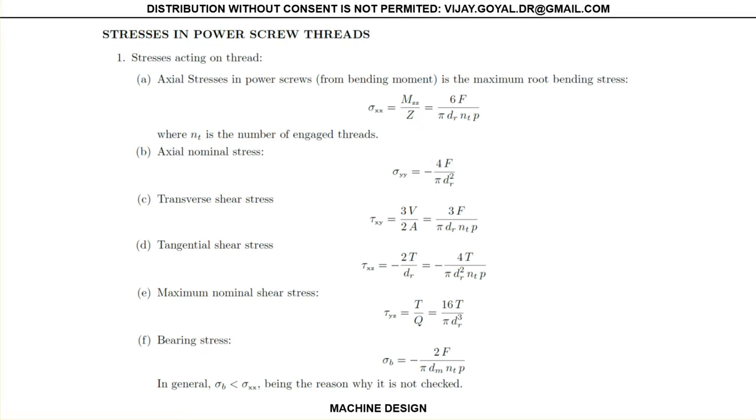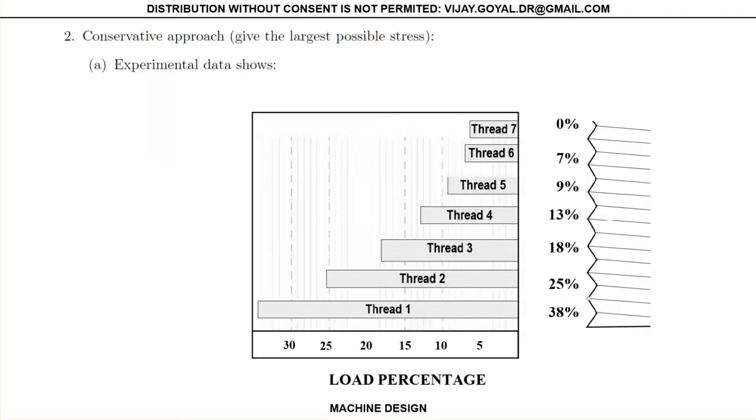But before I move on, when you're doing these problems, imagine you don't want to design one particular thread as having the full load F. There are certain stresses that only experience 38% of your load, not 100% of your load.